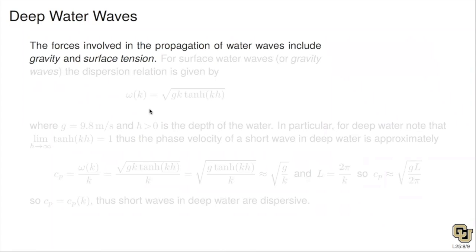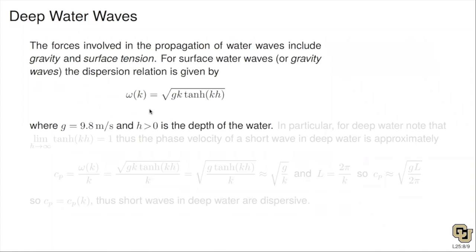For deep water waves, it can be shown that the dispersion relation for these water waves has this form. I don't derive this from the PDE. I do think it's in the book, I can't remember, but it's something that involves gravity.